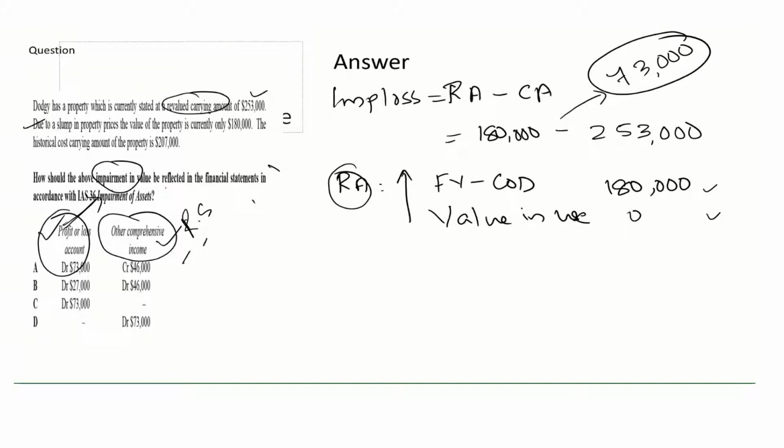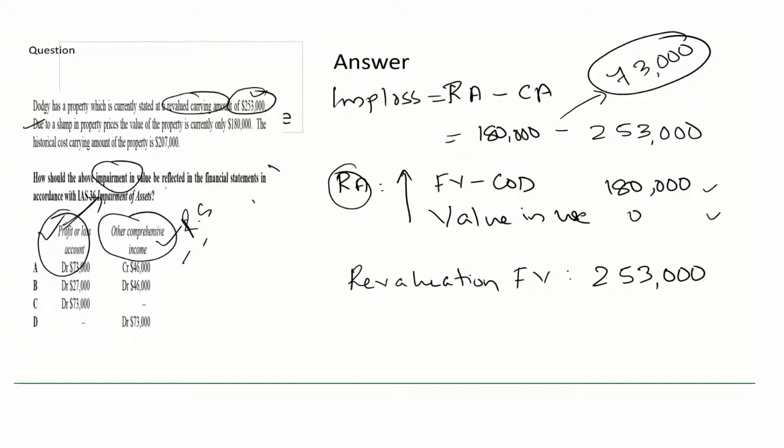Now listen to this very carefully. This entire impairment loss will not go to the profit and loss account. Why? Because if you read the question, .g has a property which is currently stated at a revalued carrying amount of 2,53,000. That means there has been a revaluation previously, which is why it is shown at a revalued figure. At the revaluation, the fair value of that asset was 2,53,000.